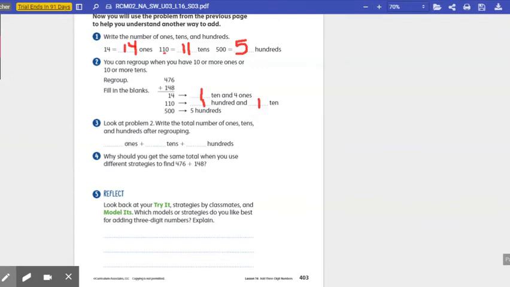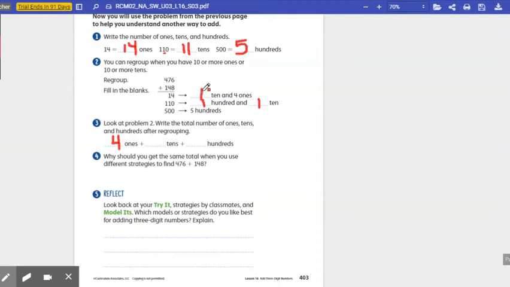Look at problem 2. Write the total number of ones, tens, and hundreds after regrouping. So in 14, we had 1 ten and 4 ones. In 110, we have 100 and 1 ten. So here, we don't have any extra ones besides the 4 ones here.